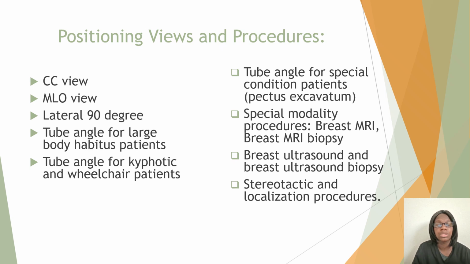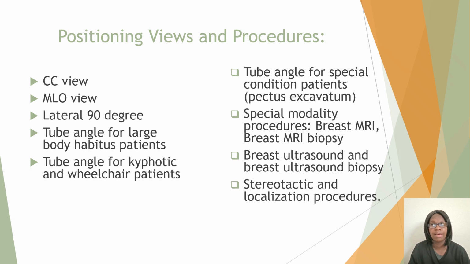And then know which tube angle you need for large body habitus patients. I always say try not to automatically fit a patient's body in a 45-degree angle, even if they're kyphotic. For large body habitus patients, you may have to decrease the tube angle to 40 if they cannot position themselves correctly in 45. For kyphotic patients and wheelchair patients, you will have to change the tube angle depending on how they're able to tolerate.